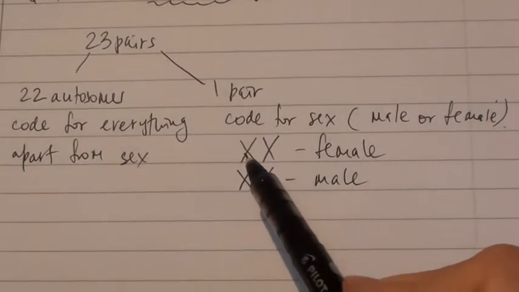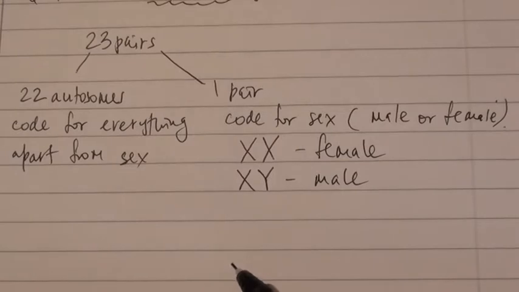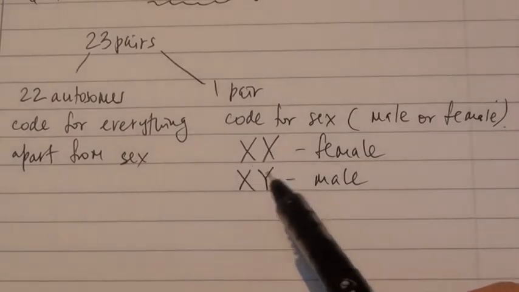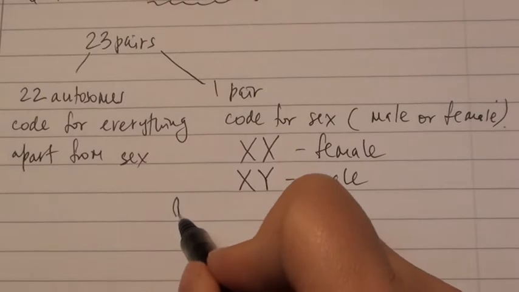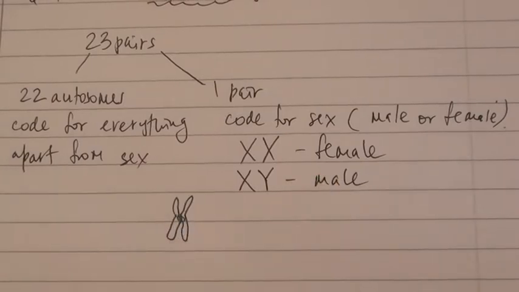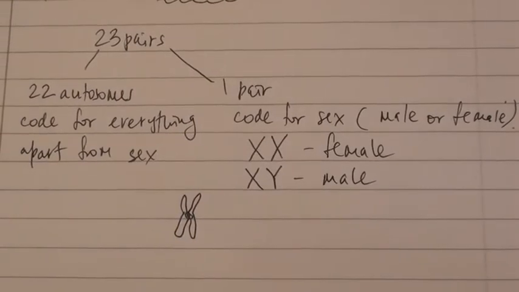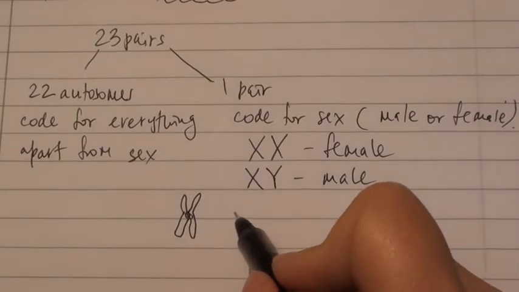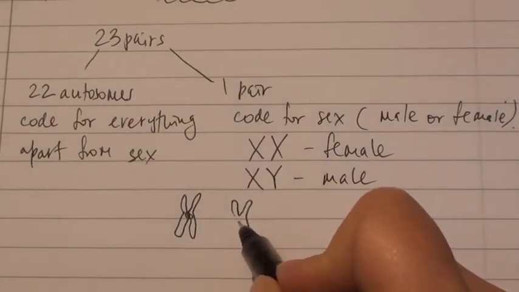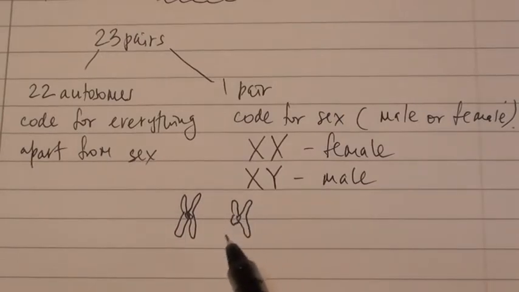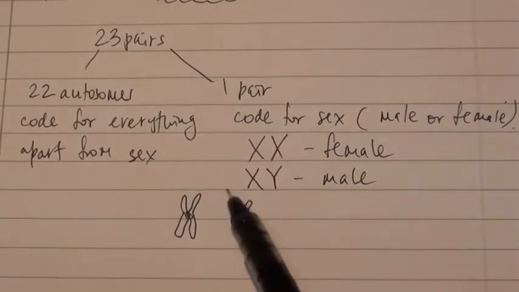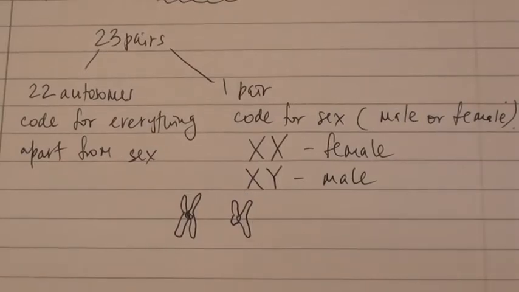Well, that's because when people looked under a microscope at this particular pair of chromosomes, the two X chromosomes look like the traditional shape of a chromosome, which overall looks a little bit like an X. And this is the sort of picture you would find in my explanation of mitosis and meiosis. But in a male, one of his chromosomes looked a little bit like that, but it looks like it's got a little leg missing. So the overall shape resembled the letter Y, and that's how those symbols came about.